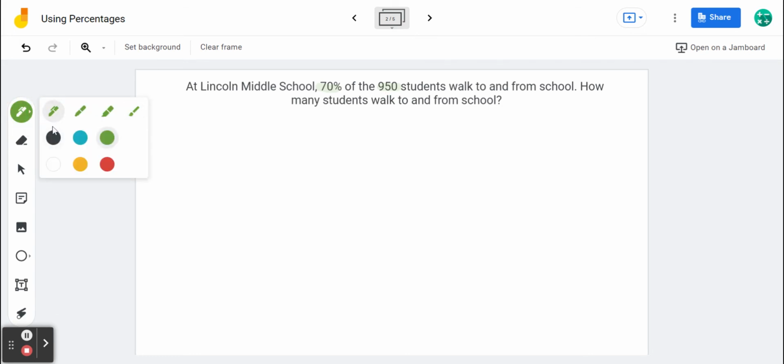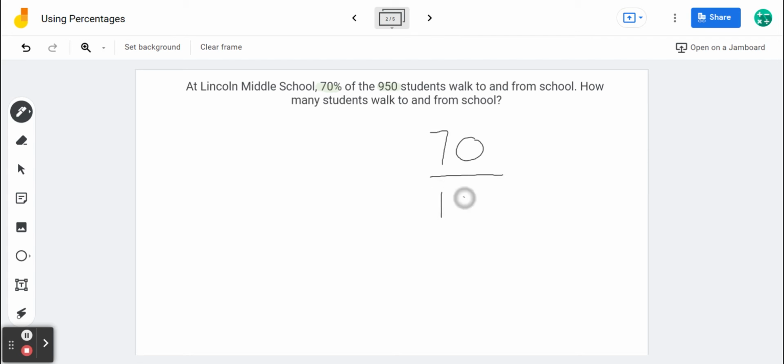So now let me grab my pen again. First, I'm going to write 70% as a fraction. 70% means 70 out of 100. So I just converted that percent to 70 out of 100, a fraction. Now, what am I going to do with the 950?